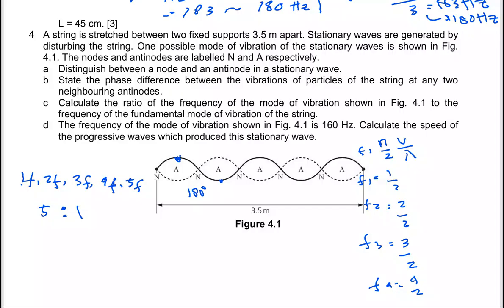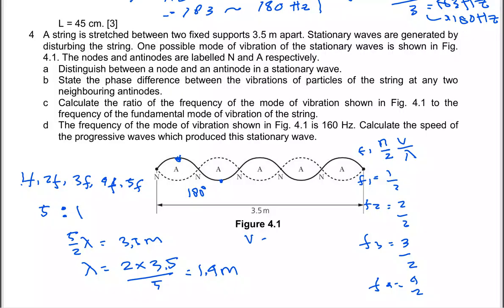We have two and a half wavelengths, or 5 per 2 wavelength, happening in 3.5 meters, and then one wavelength is 1.4 meters, right?